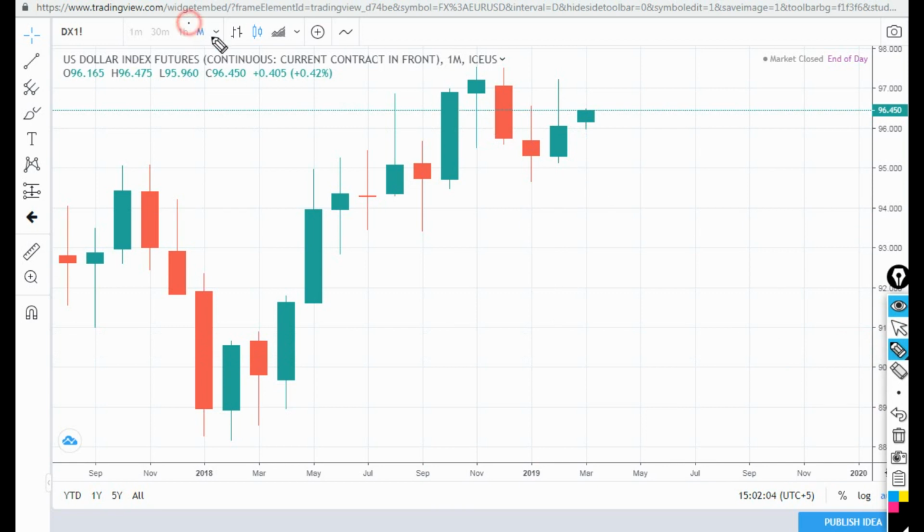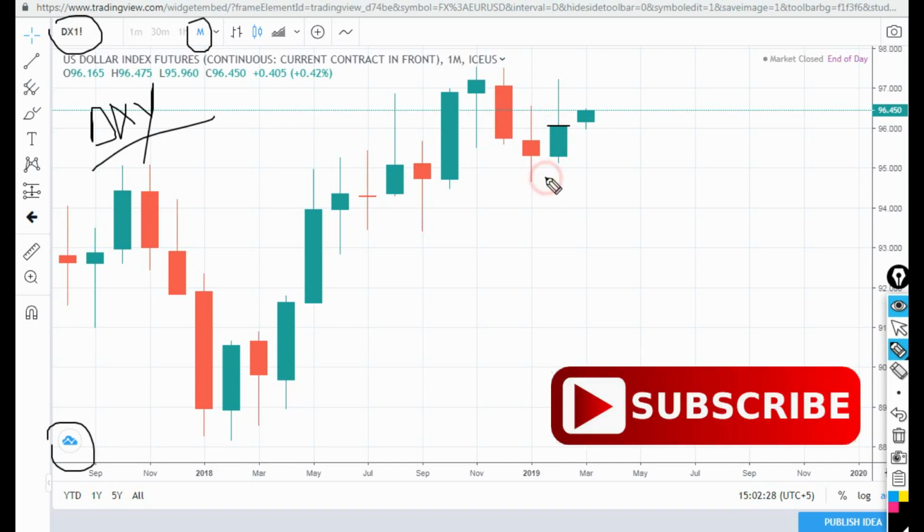Let me show you easily here that this is month, right? This is DX1. You can also call it DXY in other charts, because this is the name we are using right now on TradingView. This is your closing point, where the previous candle closed, of February, all right?